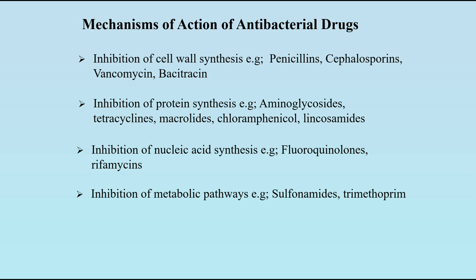At specific steps during those metabolic pathways, certain drugs have the ability to stop a certain reaction. Examples of those drugs are sulfonamides and trimethoprim. These drugs stop the metabolic pathway, and as a result the end product is not formed, the whole metabolism of the bacteria is disturbed, and they are unable to survive.